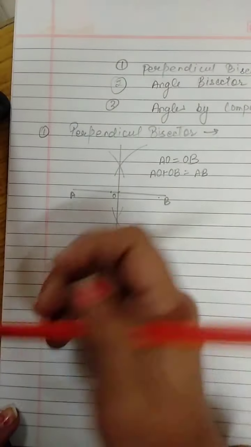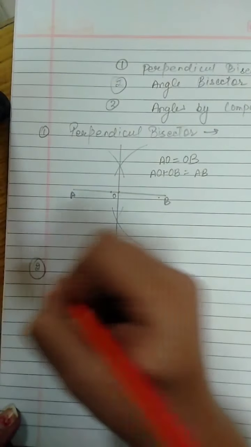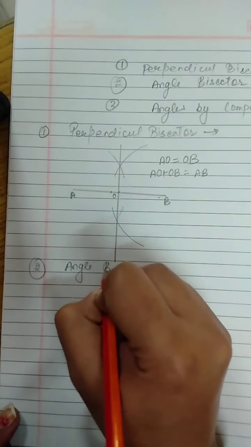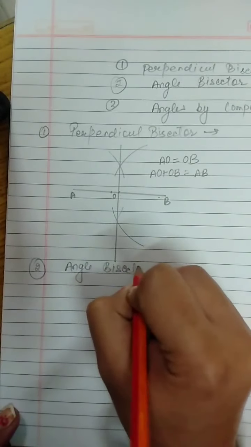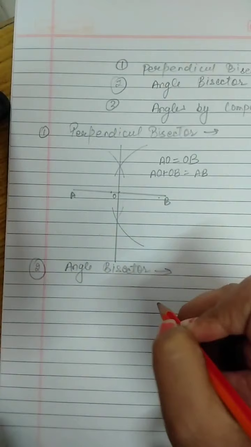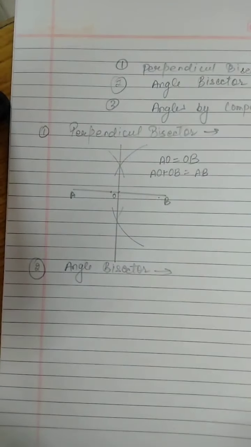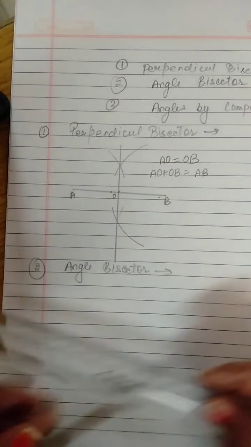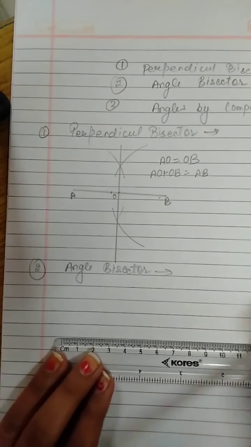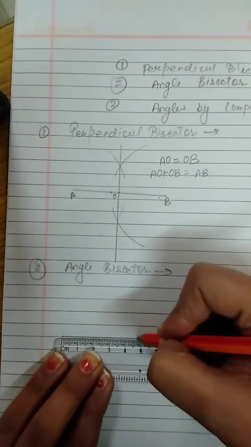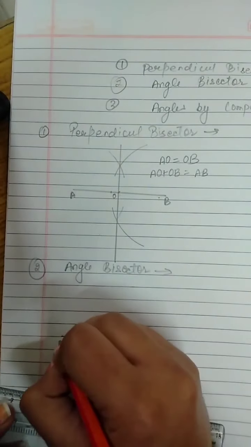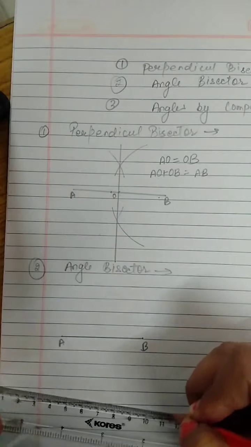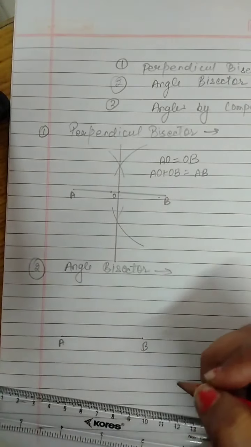Now the second topic is angle bisector. What we are going to do is bisect an angle by using a compass. Again we have to draw a line segment, of 5 centimeter. We mark its points, this is point A and this is point B. First we have to draw an angle.